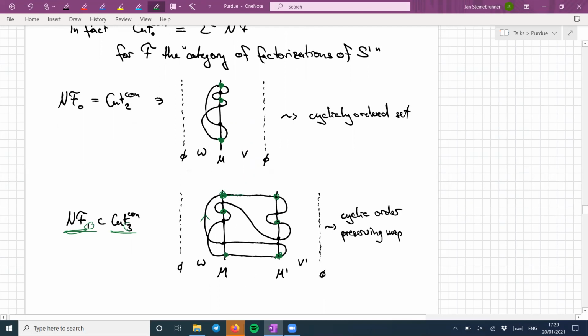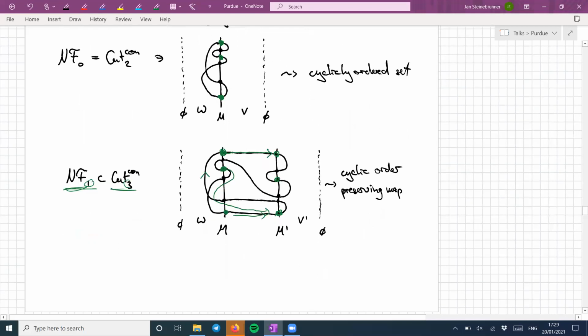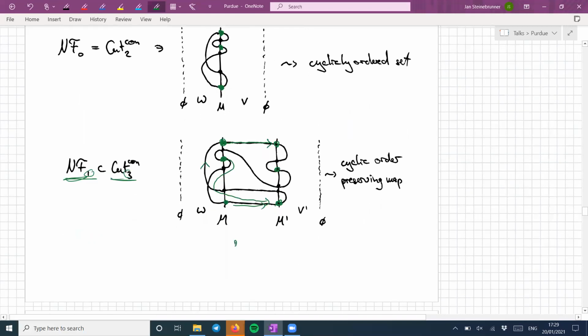This point, I follow the circle until I hit that point. From this point, I follow the circle in this direction until I hit that point, and here until I hit that point. Right, so just writing it down very briefly, somehow the map that you get is this.